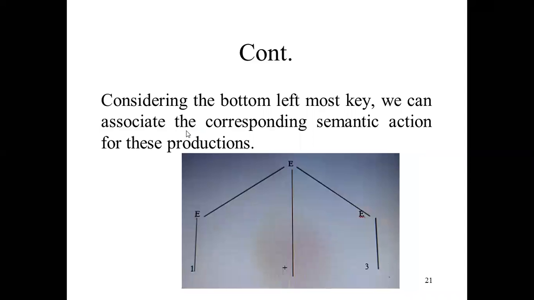Now they are saying, considering the bottom leftmost key, we can associate the corresponding semantic action. Now there is a need to write the semantic action. How will we write the semantic action for this? Suppose we have E, and again we divide this E into 1 plus 3.